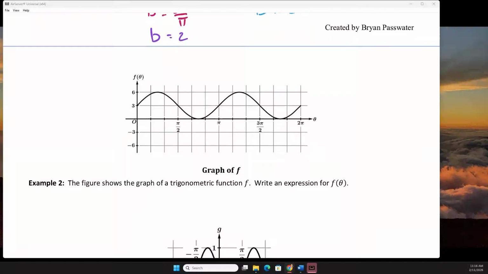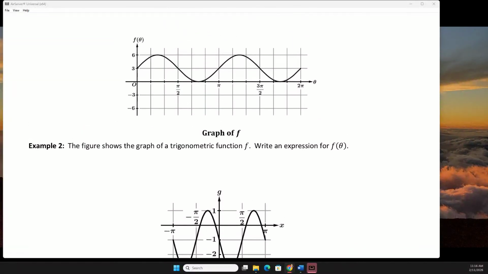All right, so the next one, they didn't give you very much information. I actually think we probably should have this given to us. So we're going to write an expression for f of theta. So I'm just going to give you the generic form, and we're going to figure out what A, B, and D are.